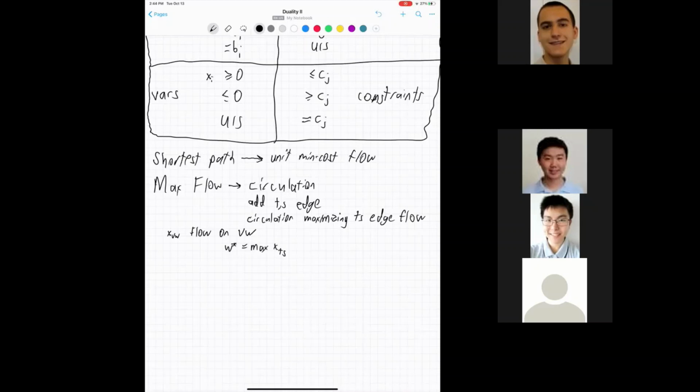What do I need for a feasible flow? Conservation, so net input into a vertex equals net output. Good, net input equals net output.